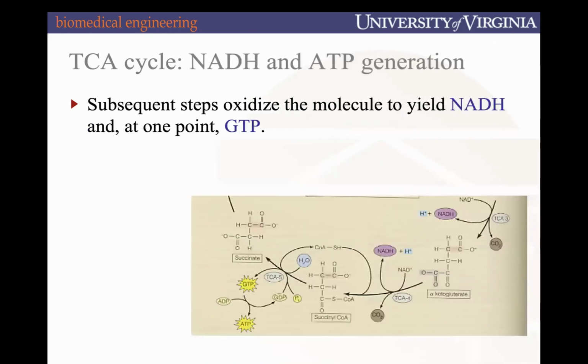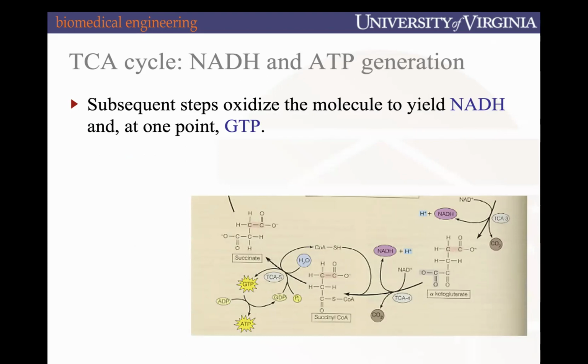For the subsequent steps, we're going to have our first oxidation step. That's going to yield an NADH and a carbon dioxide to produce alpha-ketoglutarate. Another oxidation step goes from alpha-ketoglutarate to succinyl-CoA. And then the subsequent step will produce a GTP.